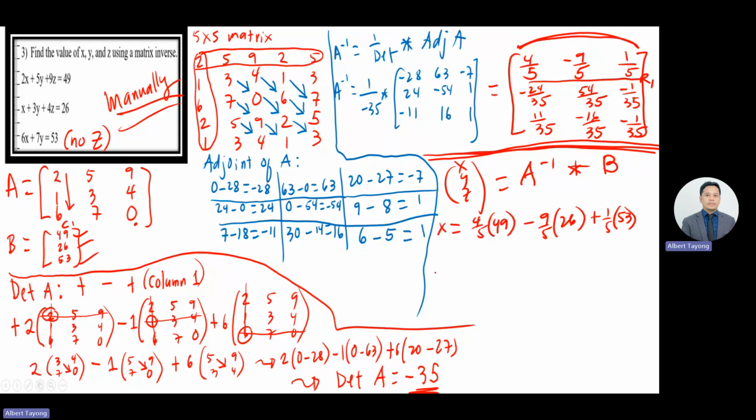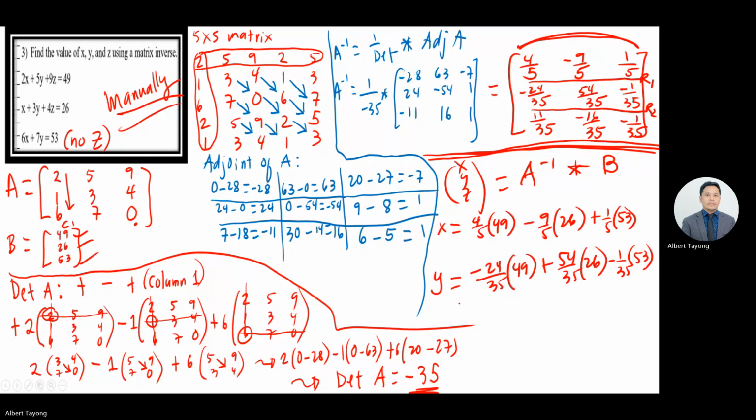Okay, and then our y, this is our y, row 2, that is negative 24 over 35 times 49 plus 54 over 35 times 26 minus 1 over 35 times 53.